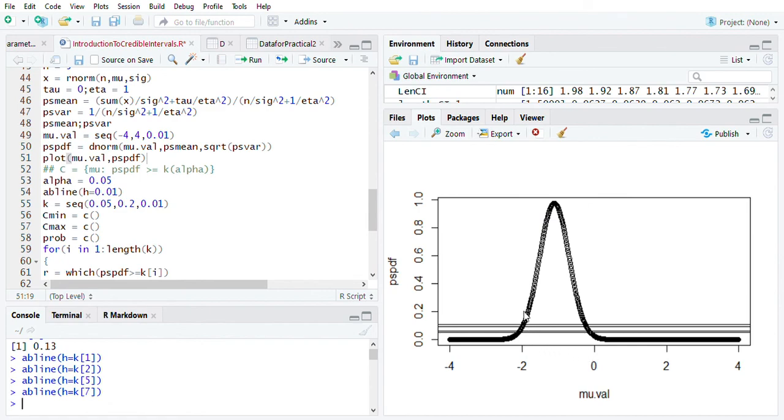So if I choose k equal to say 0.13, the interval becomes narrower and narrower. As you increase k, as you go up on the y-axis here, the interval becomes narrower and narrower.